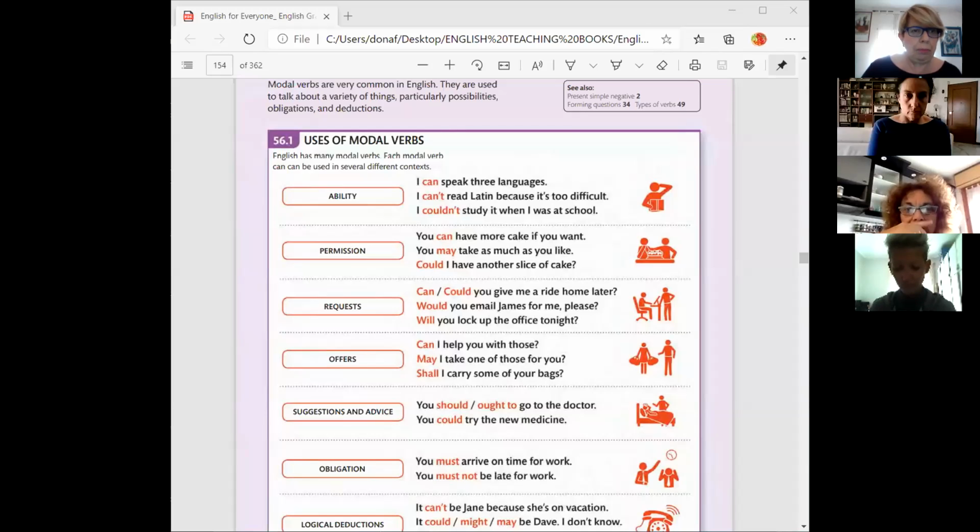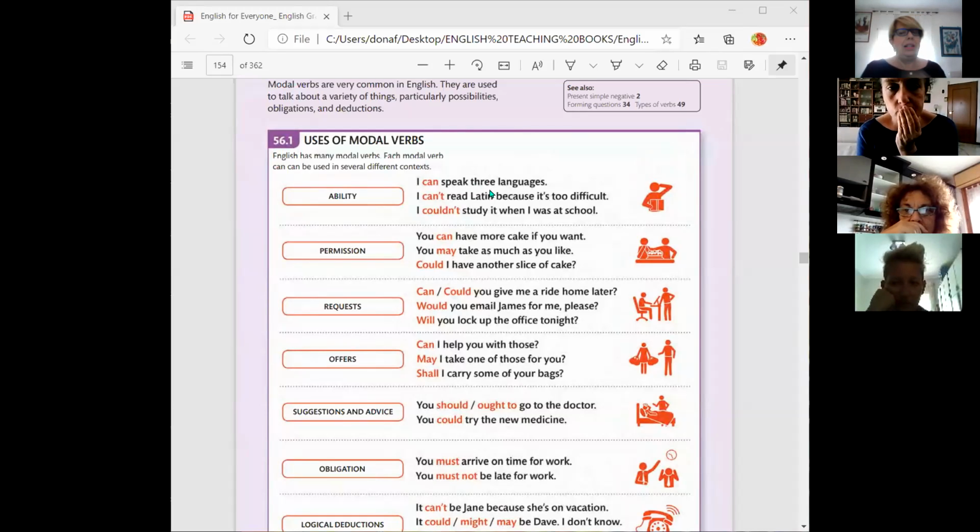So I show you now a very nice book that sometimes I use because it's very visual. This is the one. These are the uses of the modal verbs, and you see they are not divided as you could imagine into can, then should, then may, then shall.